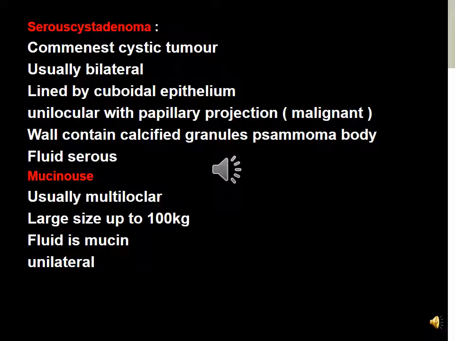Now I'm going to talk about the criteria and features of each of these tumors. The most common type of tumor is epithelial. The most common epithelial tumor is the serous cyst. The most common ovarian cancer is the serous cystadenocarcinoma.